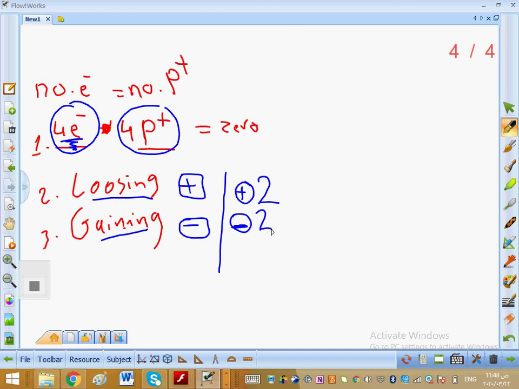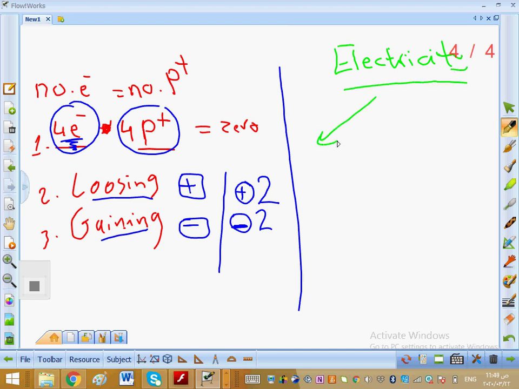After that, we continued with static electricity. We said we can divide electricity into two types, static and current.